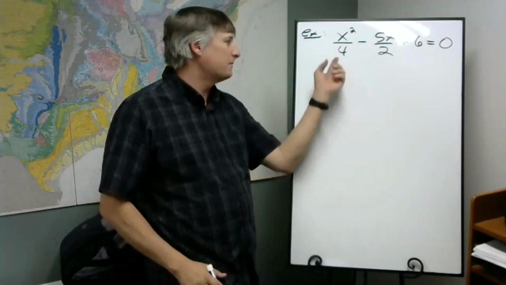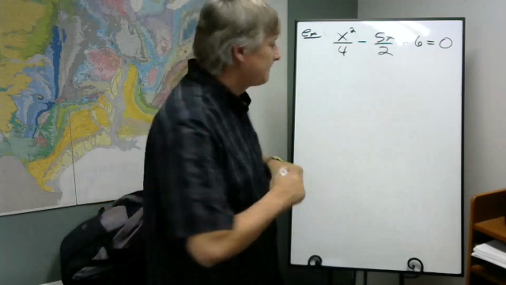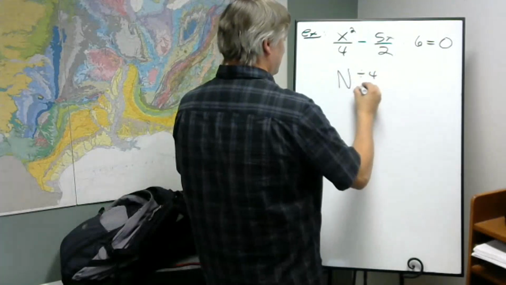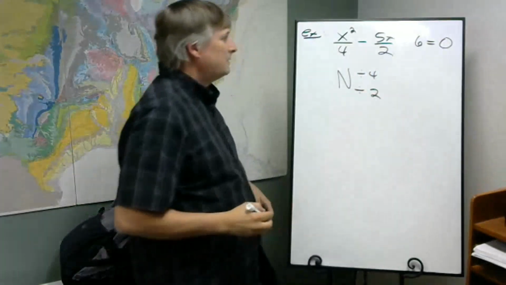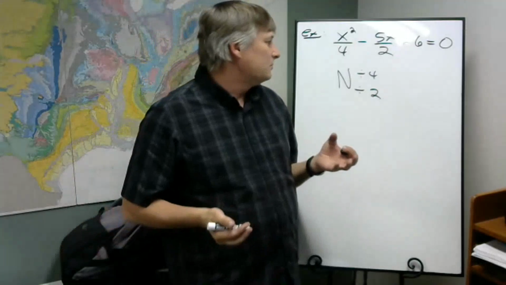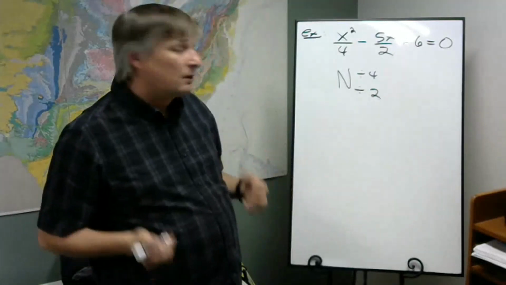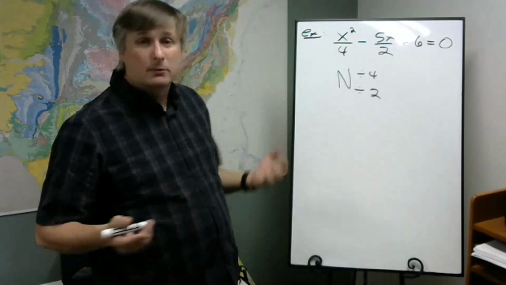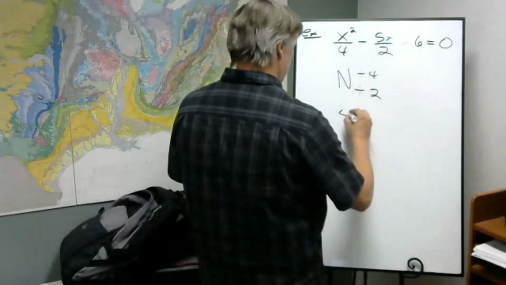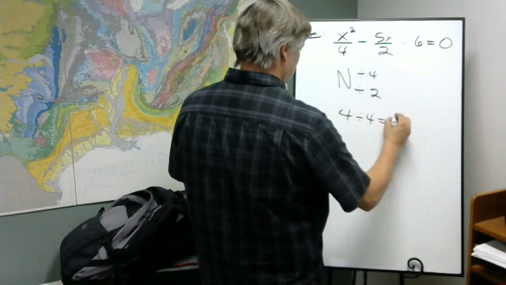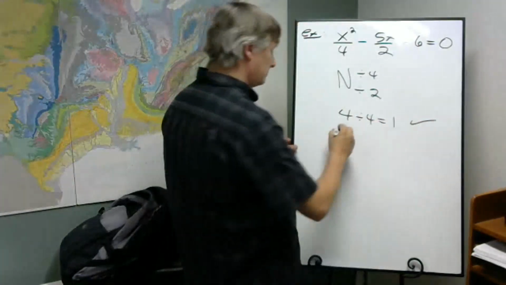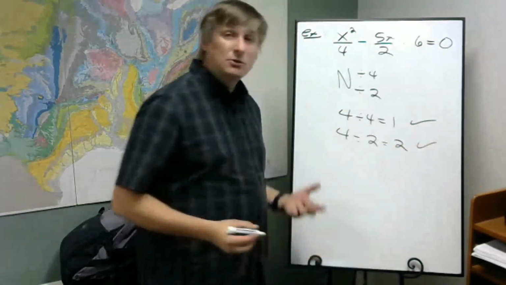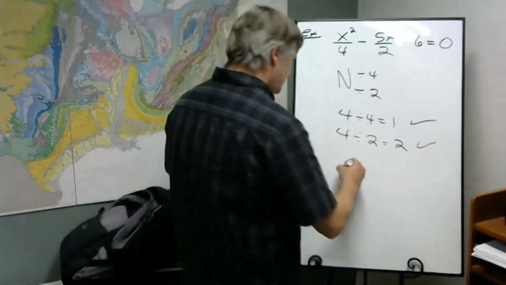So you want to find a number that the 4 and the 2 both divide into. Now, what number does 4 divide into and also 2 divide into? Well, and this means with no remainders left over. Well, it's the number 4. No remainder. And again, no remainder.